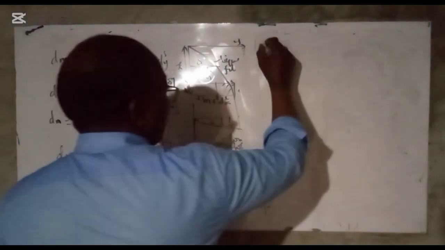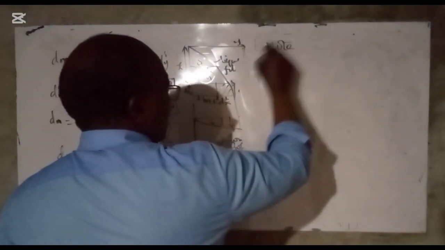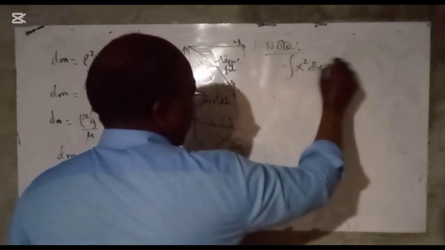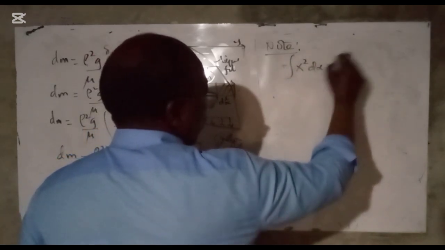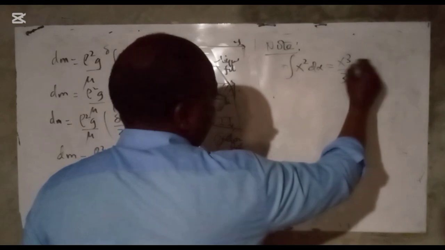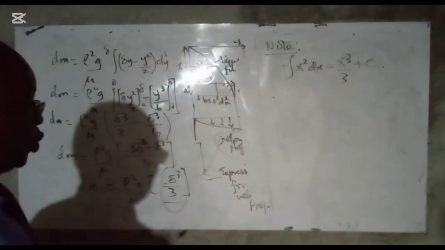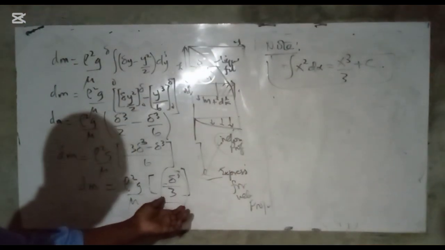Remember, note the integral of x squared dx is x cubed over 3 plus c. So using this identity, I can transform this quantity.